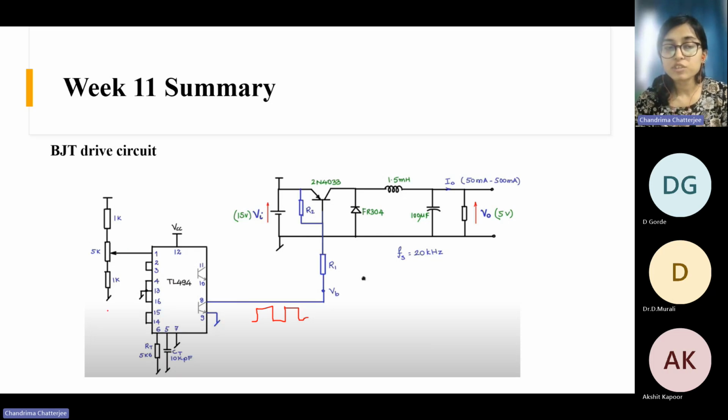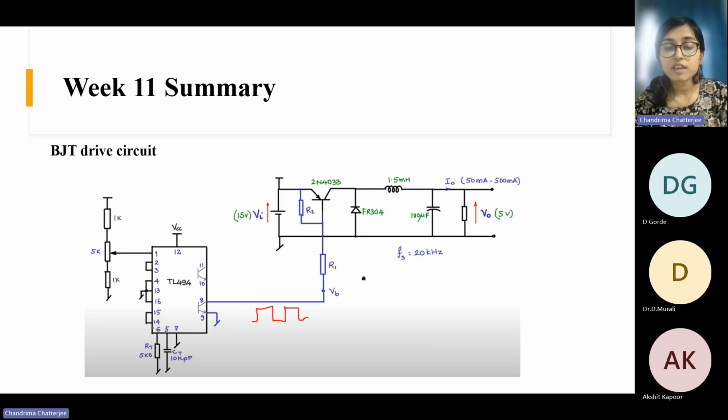Here there is a potentiometer which is used to control the duty. Pins 2 and 3 are shorted. This is basically an error amplifier, but here they are shorted, so this portion acts as a voltage follower. These three pins are not used for this application, so they are grounded.